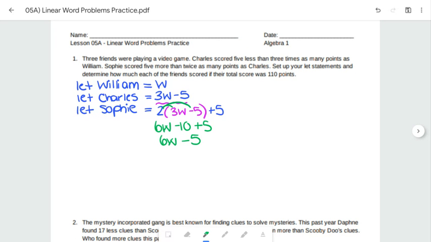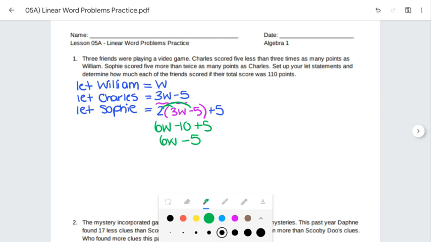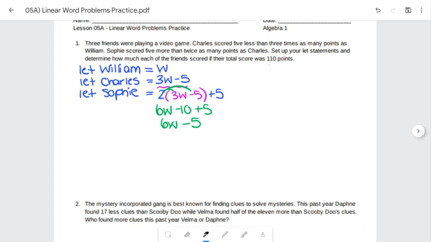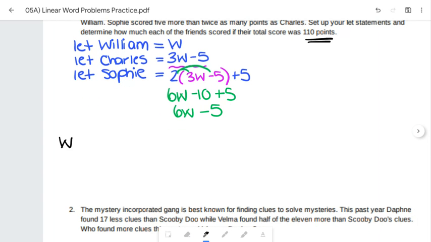So we have the 3 expressions now. We can set those all equal to 110 points. So we're going to have W, that's for William, plus 3W subtract 5, that's Charles, plus 6W subtract 5 for Sophie, and it's all equal to 110.